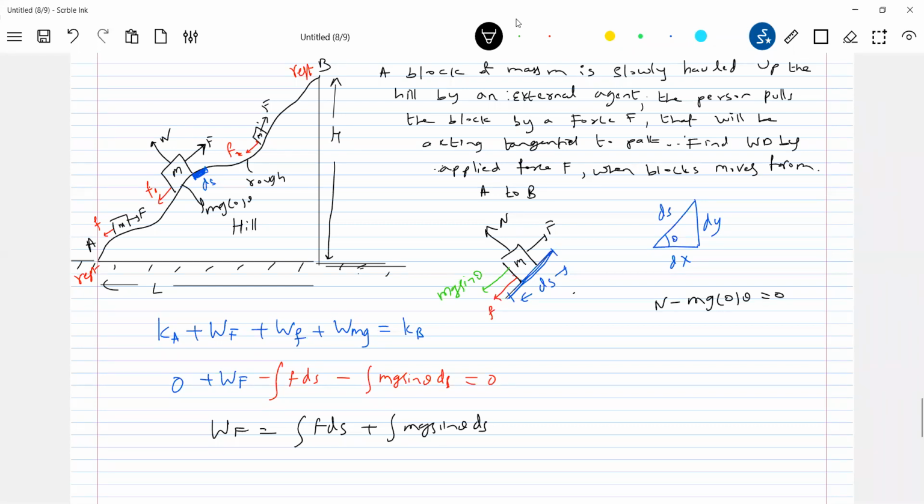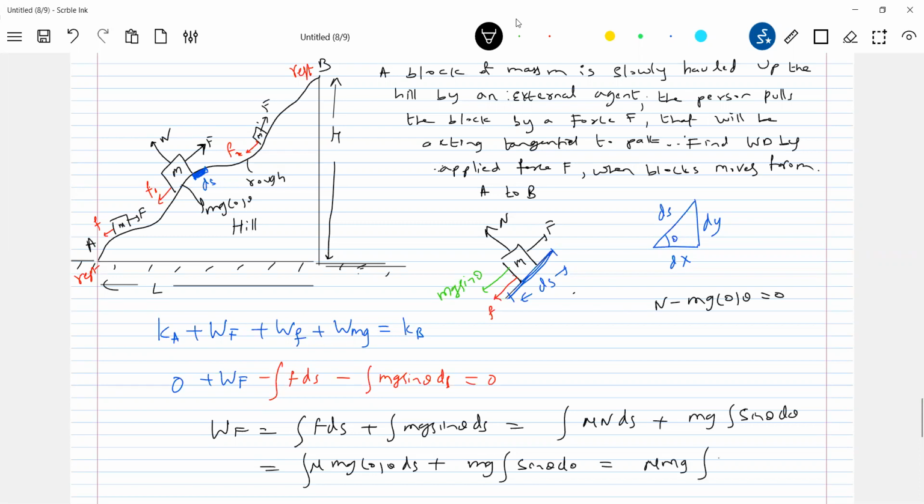So in place of F, I can write mu N, and further this mu can be taken outside. N is how much? One more step, I'll write it. N is mg cos theta, so mu mg cos theta ds. Mu mg you can bring outside. Totally, this will be mu mg cos theta ds.